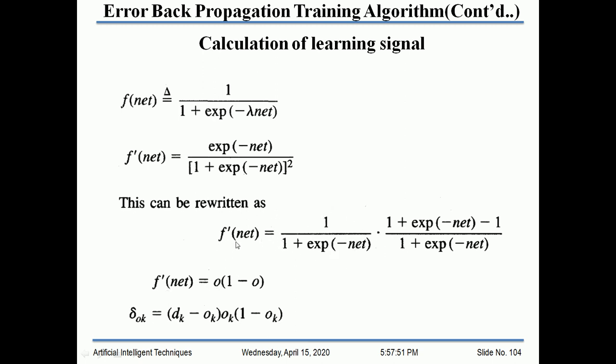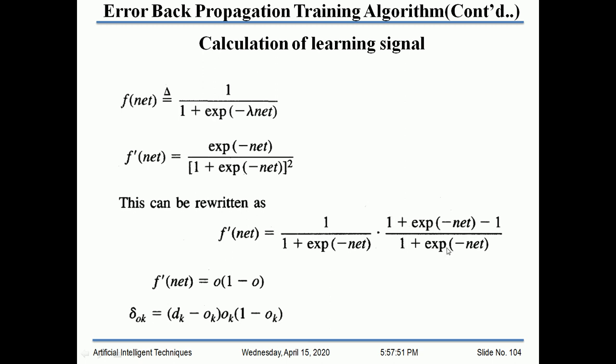So f dashed of net is O multiplied by, okay, 1 minus of, see here, I can represent it as 1 minus, what is 1 minus of 1 plus exponential of minus net? O is nothing but 1 plus exponential of minus net minus 1 by, so I think you can understand this.